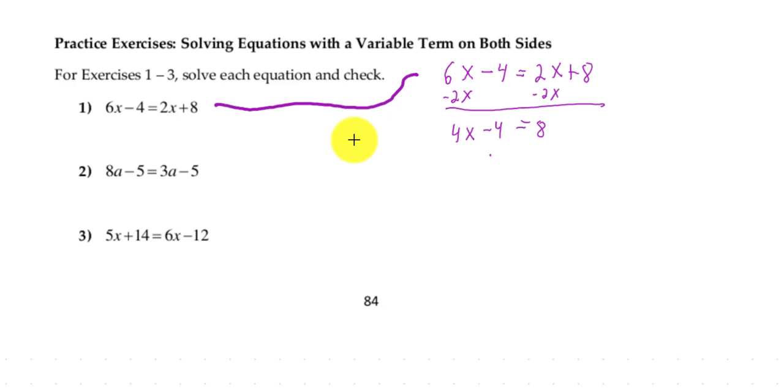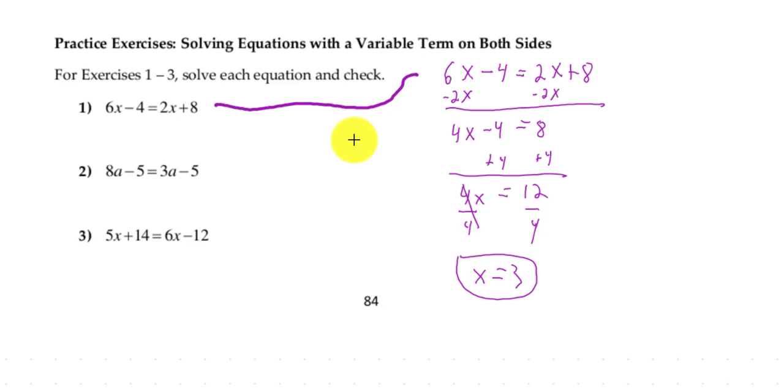Then I'm going to add 4 to both sides, and that leaves me with 4x equals 12. Finally I want to divide both sides by 4, and I'm left with x equals 3. So that's my answer.